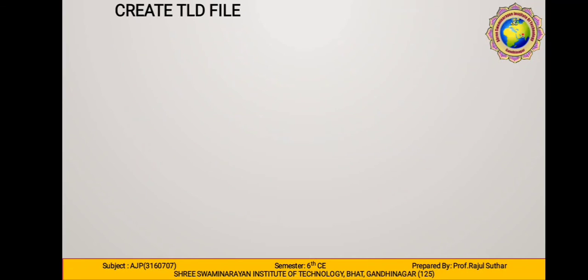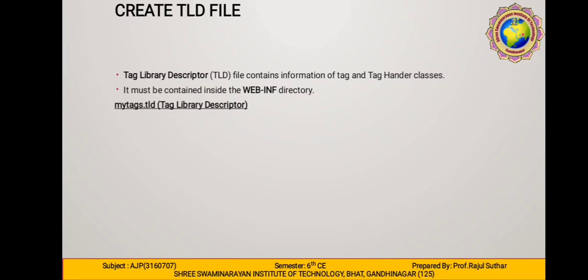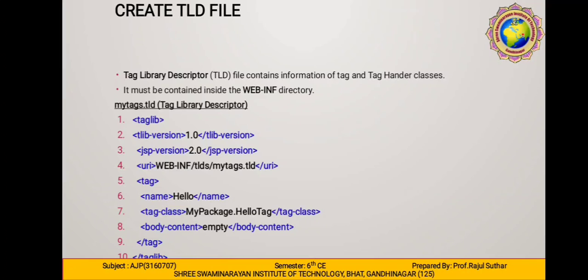Then the TLD file. How can we create a TLD file? The tag library descriptor, TLD, contains the information of the tag and tag handler class. It must be contained inside WEB-INF. We are all familiar with this whenever we create the coding in NetBeans; in the same way we check whether the file is available in the WEB-INF directory or not.